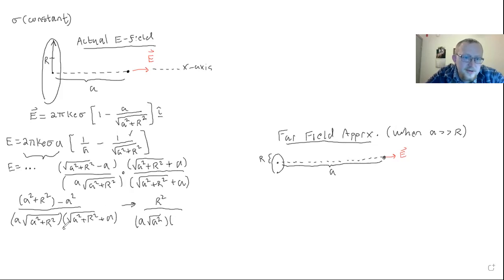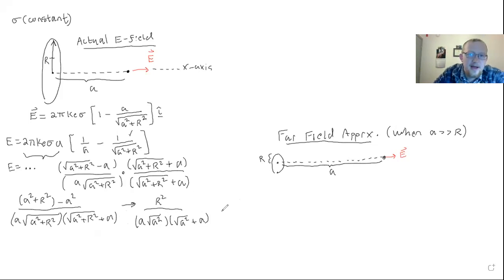And then for this term right here, I'm going to do the same thing, right? So a squared is much, much larger than r squared. Therefore, this just ends up being the square root of a squared plus a. And so we have this less complex denominator using our approximation.